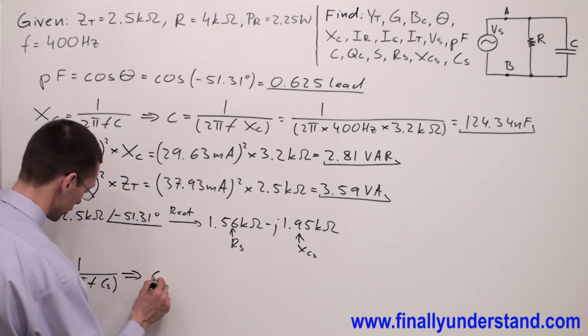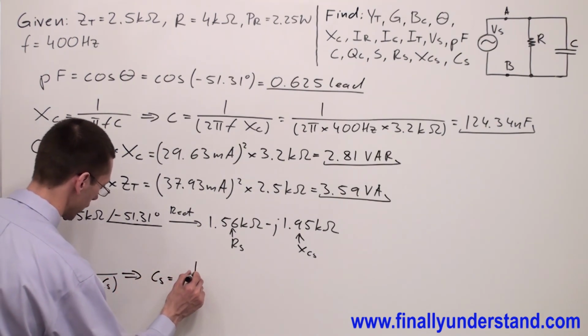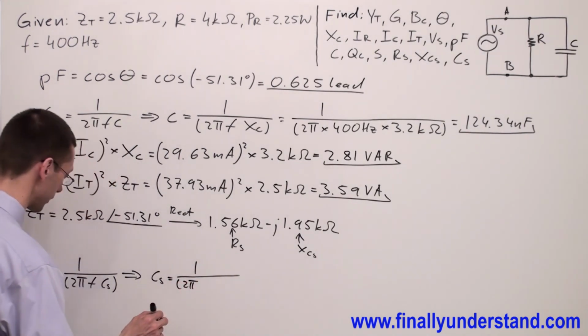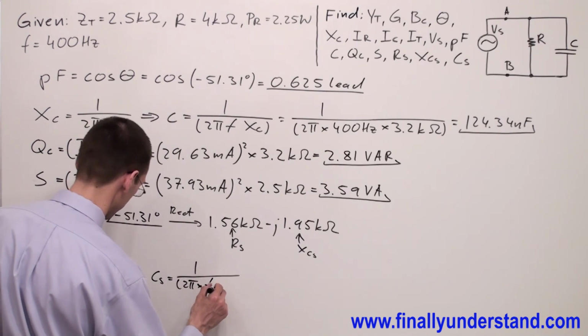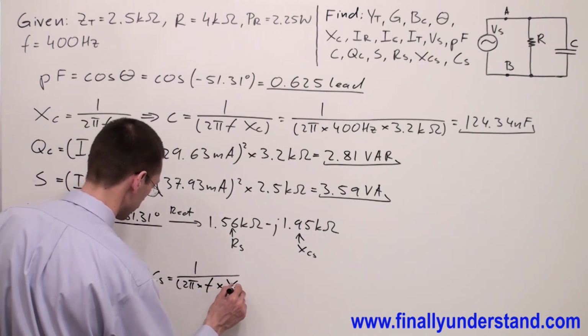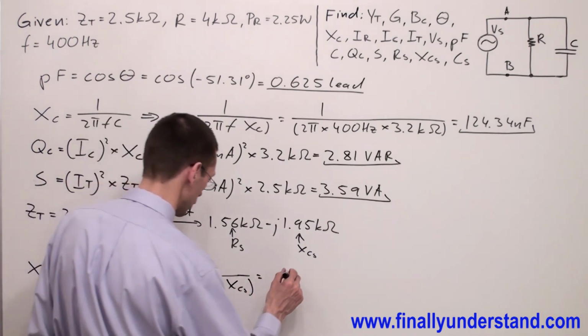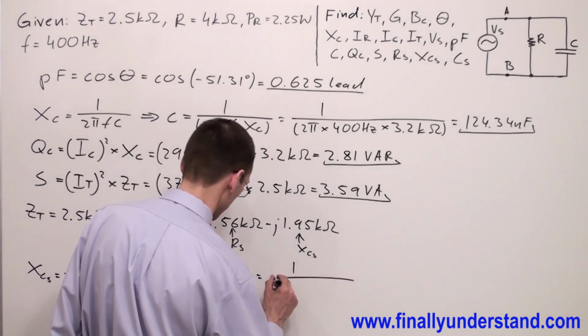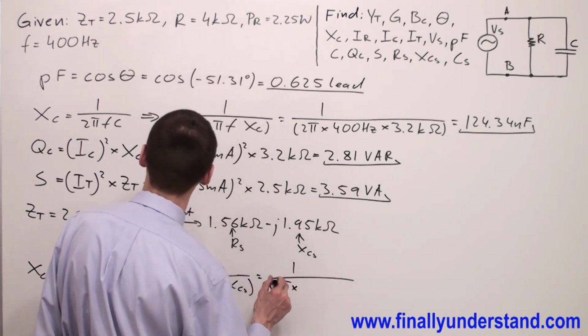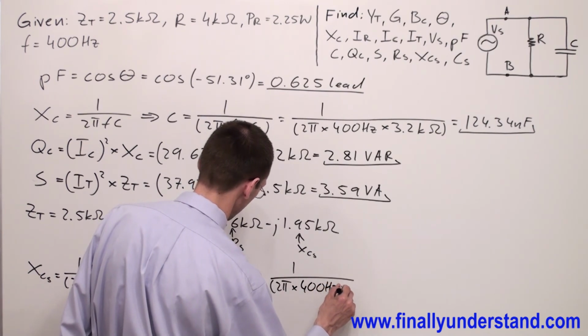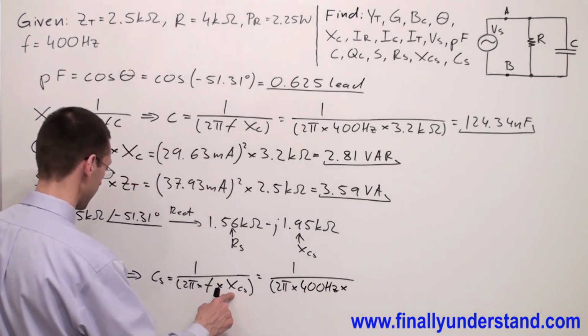So you'll have CS equals 1 divided by 2 pi times f times XCS, which is equal to 1 divided by, open parenthesis, 2 pi times f, 400 hertz, times XCS.